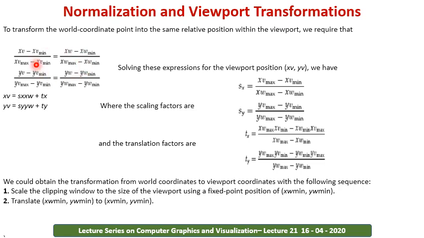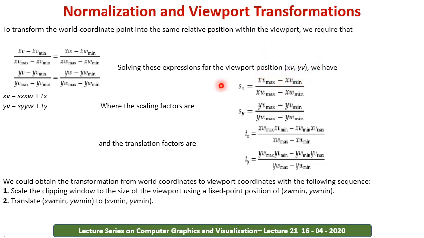Once we map these values from the world coordinate position to the relative position within the viewport, with x values as well as y values, now we can calculate the equations for the viewport positions. The viewport positions we have considered are xv and yv.